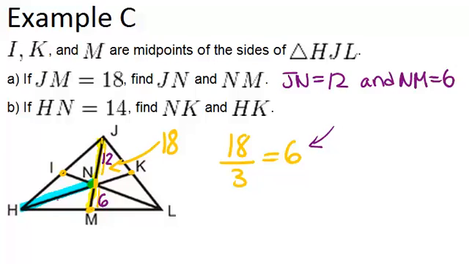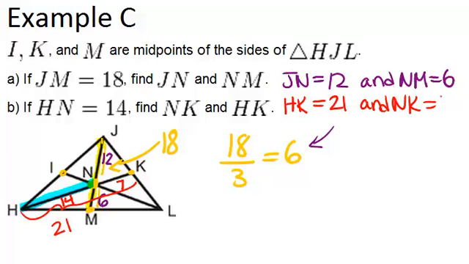So if HN is 14, that means 14 is the 2/3. So 1/3 has to be half of that, 7. So NK must be 7, HN is 14, and therefore the whole thing must be 21. So our two answers are HK equals 21 and NK equals 7.